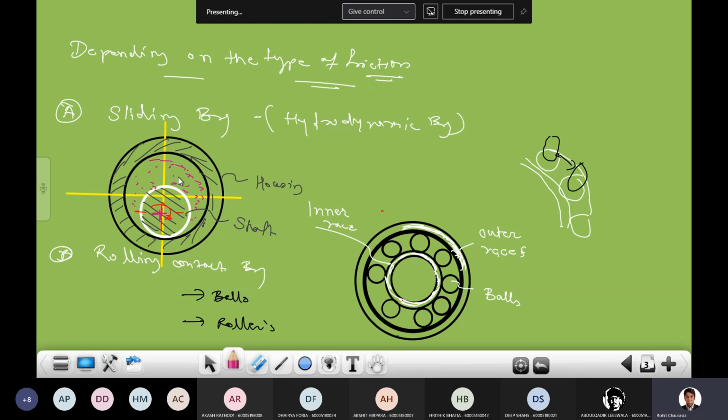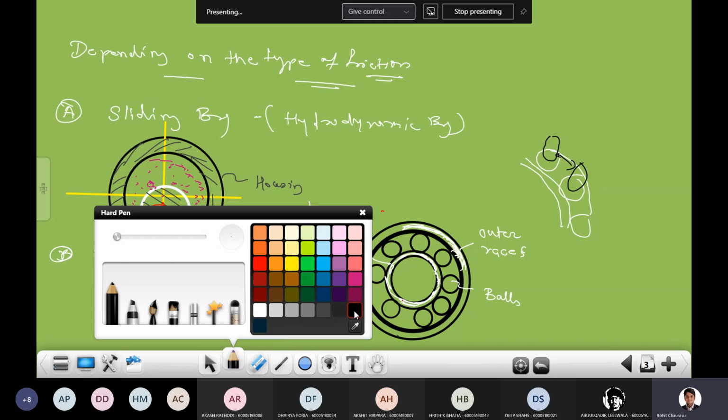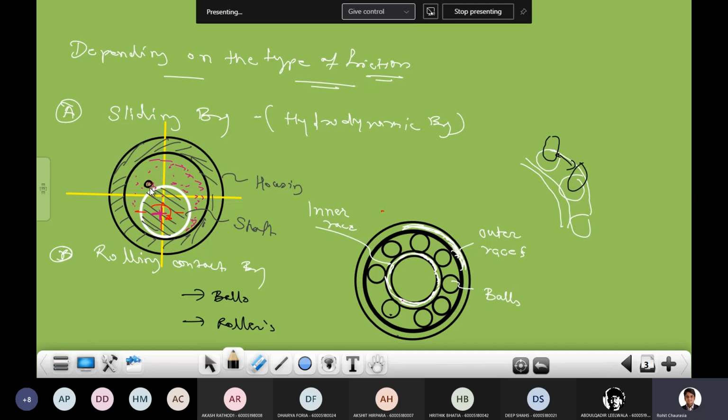When this shaft is rotated, in this portion a wedge is going to be formed, and that wedge helps the shaft shift its center from this point to this point. This is the O center, and this is O dash.